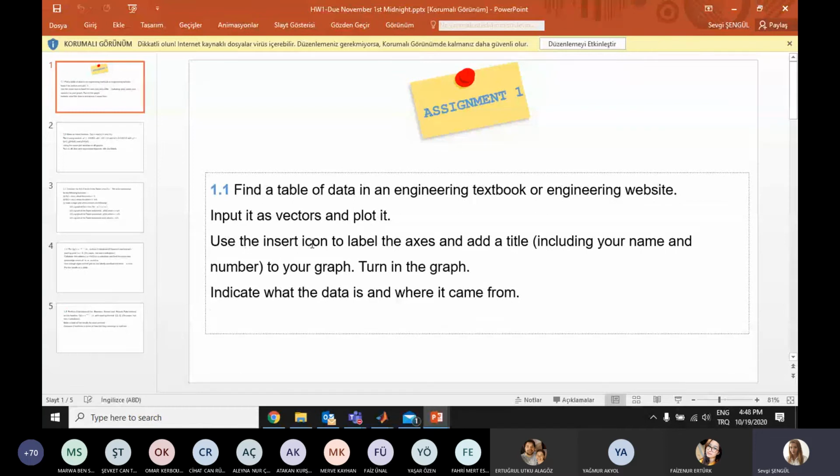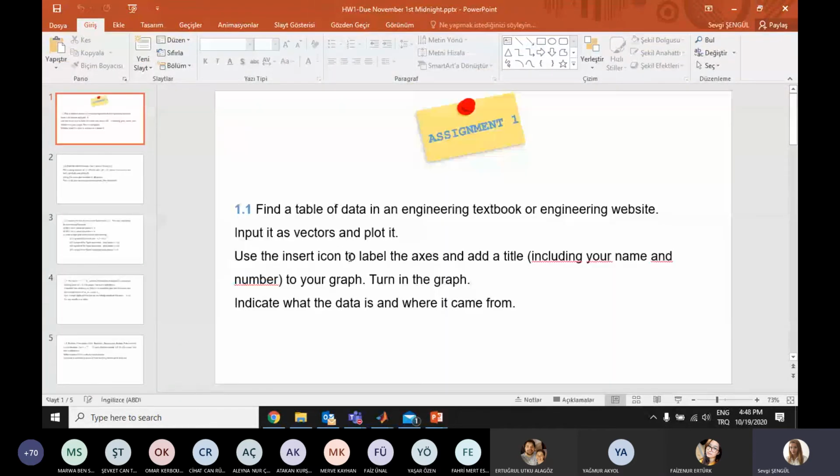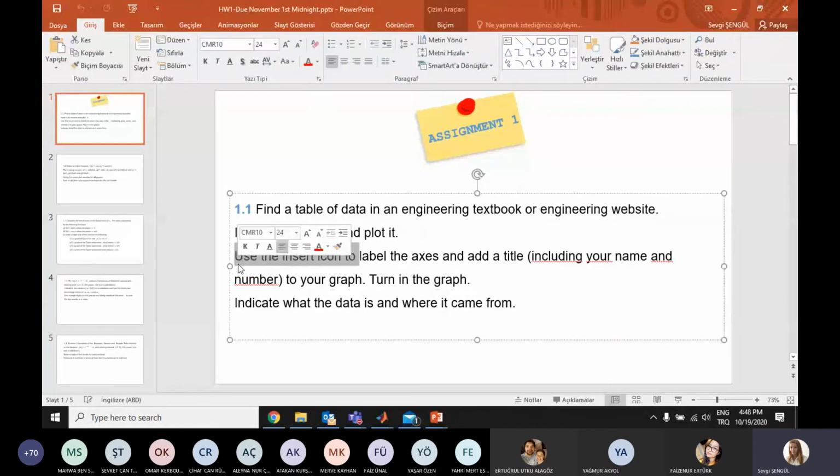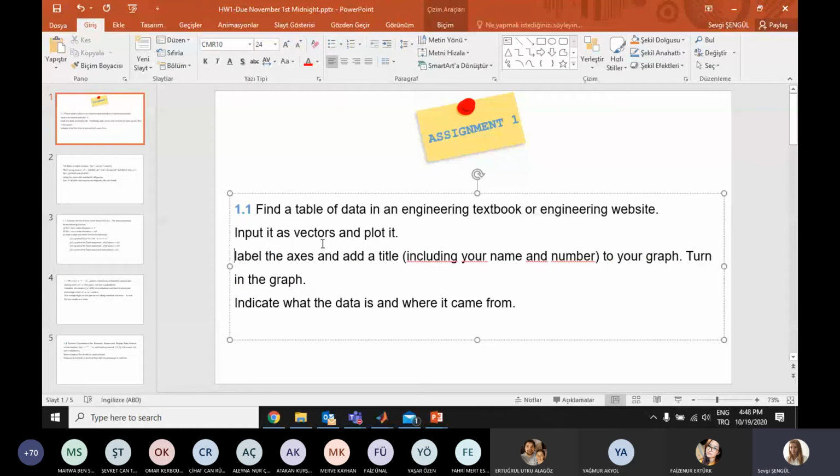I don't want you to use insert icon. I want you to label the axis. Okay, that's the important point. And you should indicate what the data is, and you should include your name and number in your graph as a title. Okay, in the first question.